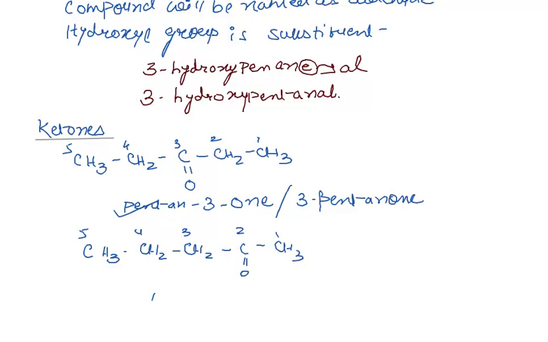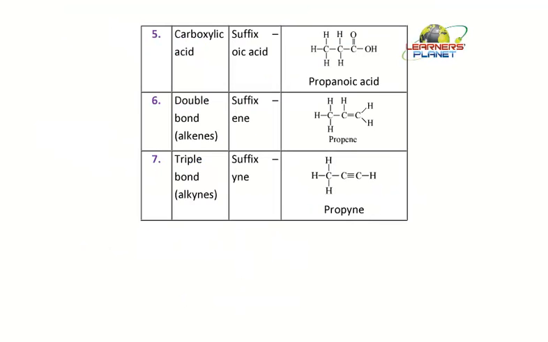But this is what? Pentane-2-one. So this is how your ketones are named. You have to assign a number where that ketone group or the keto group is present. Now let's move to the next things.